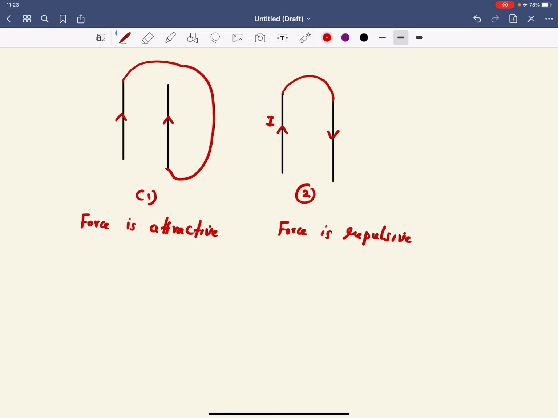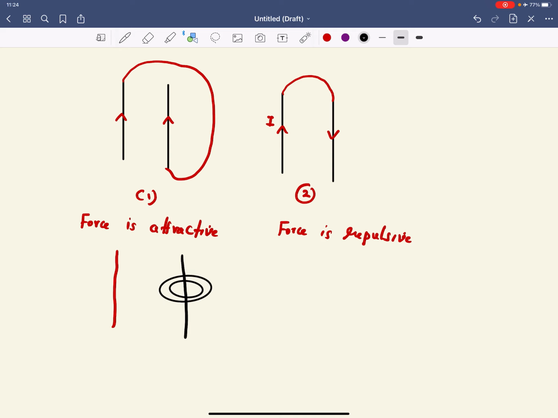We know that any current carrying wire has moving charges. Mostly it is electrons that are moving, but there is an equal number of stationary charges, so that the wire is electrically neutral. And these moving charges produce a magnetic field. I am drawing the magnetic field vectors around the wire.